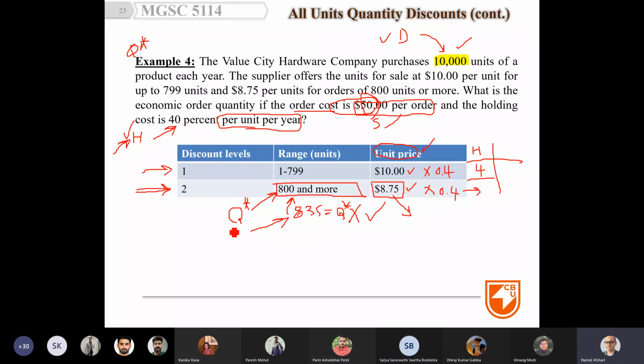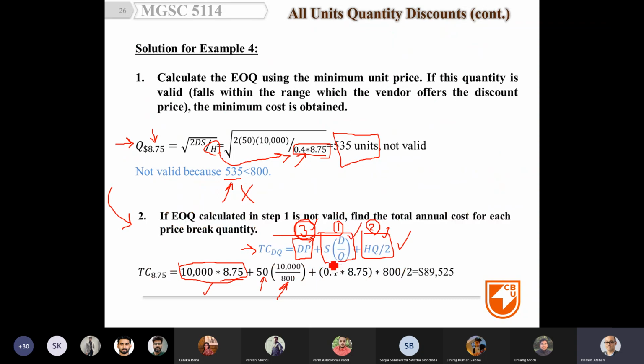Okay, so this is a very important rule. Many people make mistakes. Be careful about that. If it is not valid, I have to use another value for Q, which is 800. So this is the way that I calculate the ordering cost, which is the first component.